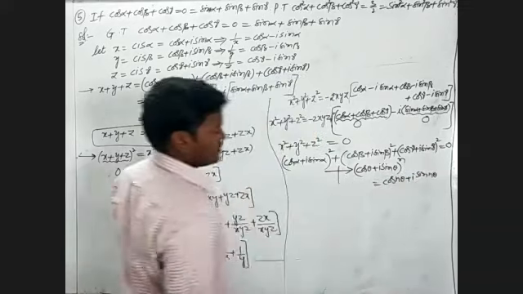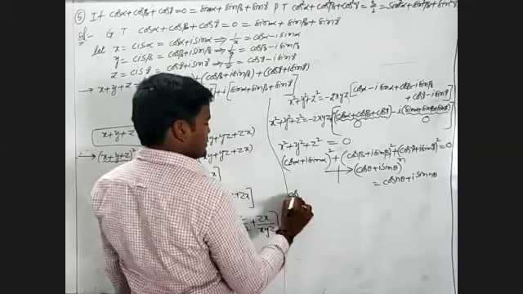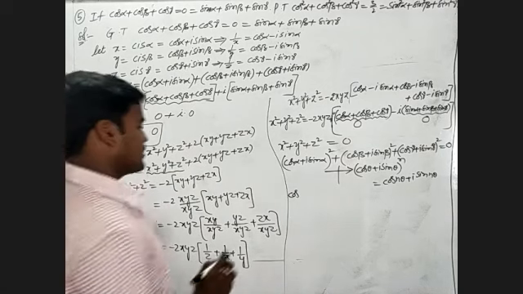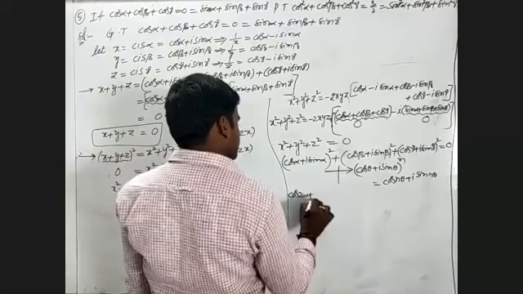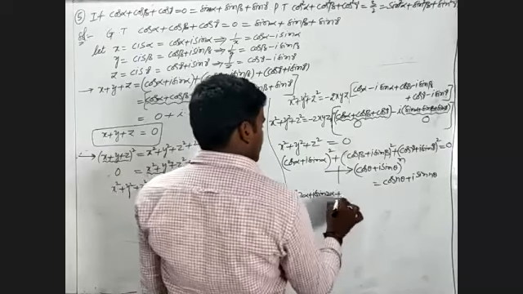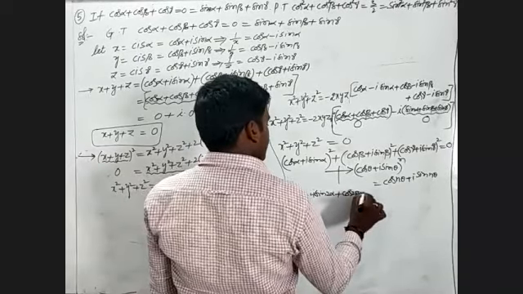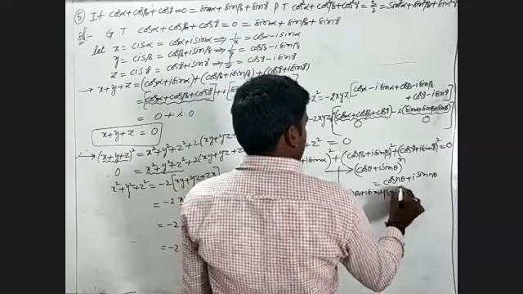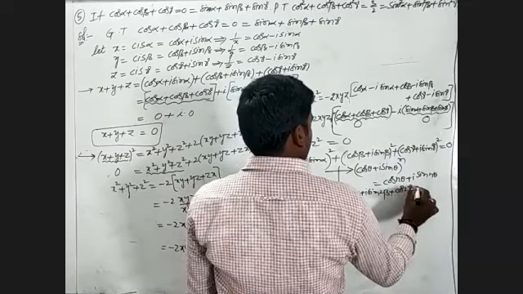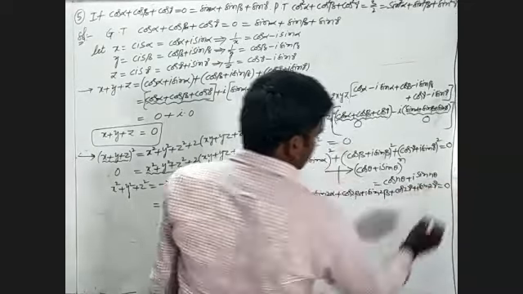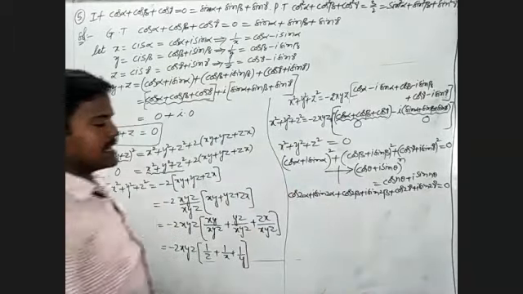That means we get cos 2 alpha + i sin 2 alpha + cos 2 beta + i sin 2 beta + cos 2 gamma + i sin 2 gamma = 0. Again, we have to separate the real and imaginary parts.